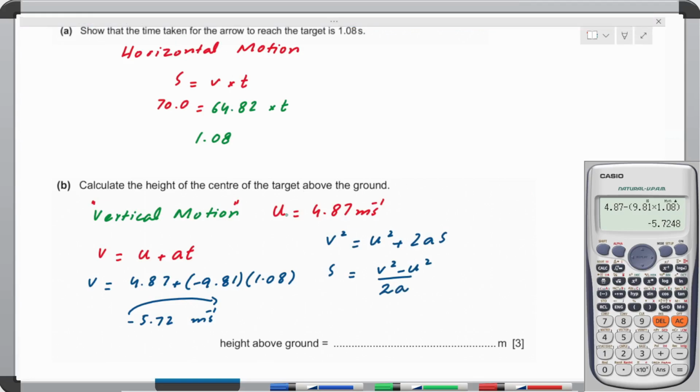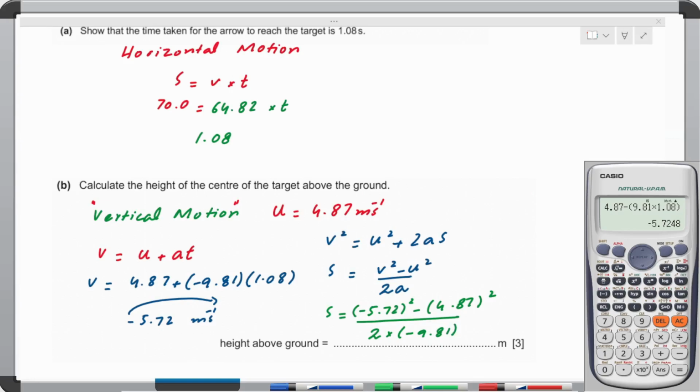So s equals the square of minus 5.72, the negative sign in the square won't make any difference, minus 4.87 squared, divided by 2 into acceleration, negative 9.81.